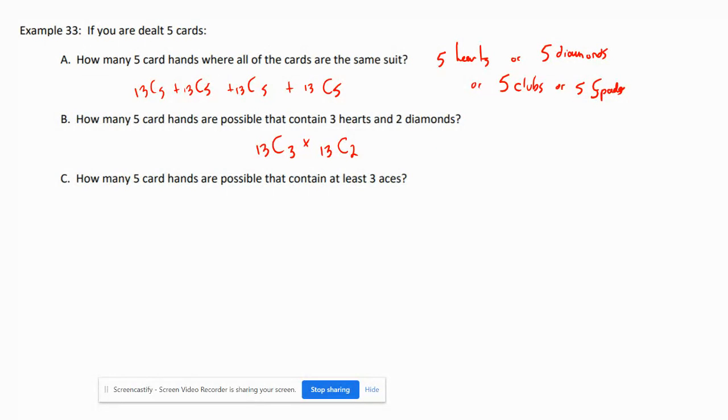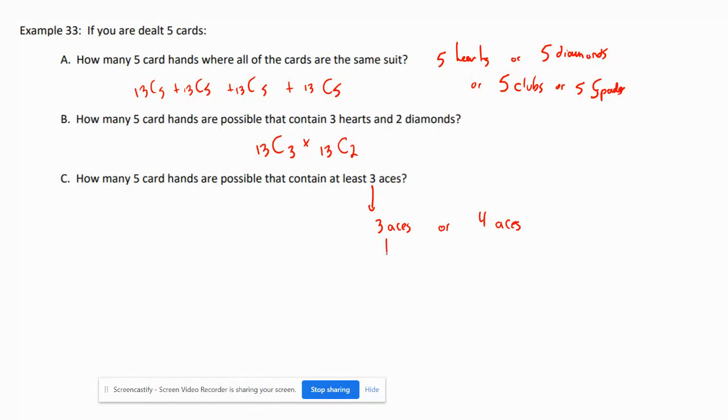Okay, how many 5-card hands are possible that contain at least 3 aces? Now what this means over here, at least 3 aces would be 3 aces or 4 aces. Okay, now there's only 4 aces total, so there's no possibility of 5 aces because there's not enough aces. Okay, if it ever happens, guys, where you find 5 aces in a deck, that means someone's cheating and they're probably trying to hustle you out of some money.